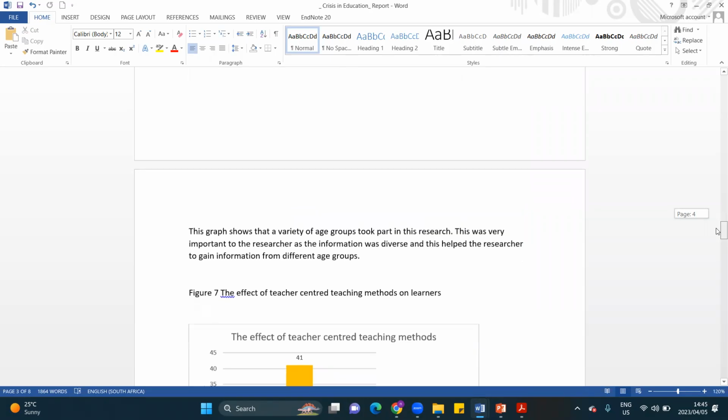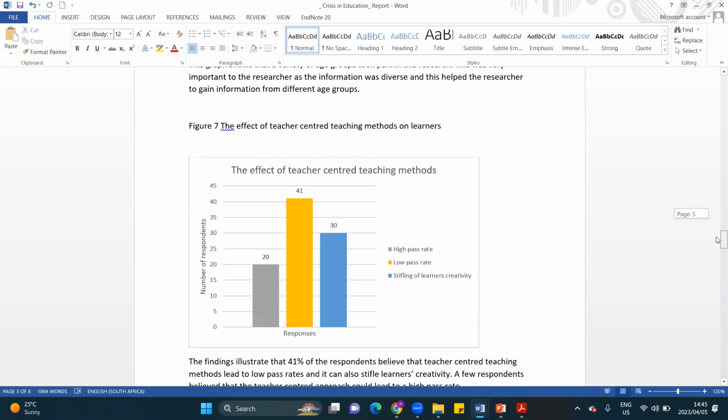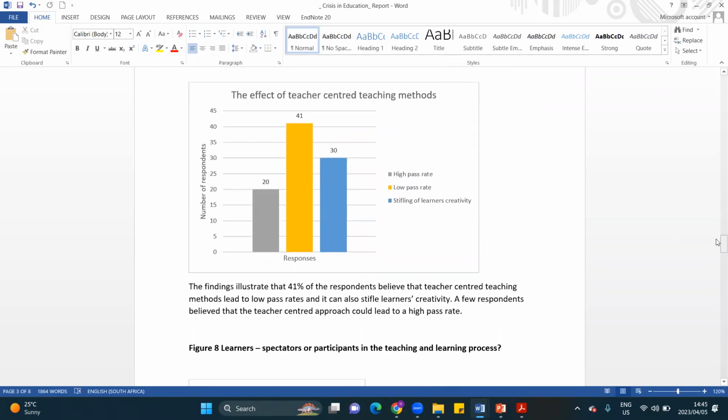And that's the outline of the age group. So now here in figure 7, the question was the effect of teacher-centered teaching methods. Learners were asked this question, and obviously, according to the graph, 41% indicated that they believe a teacher-centered teaching method is far better.